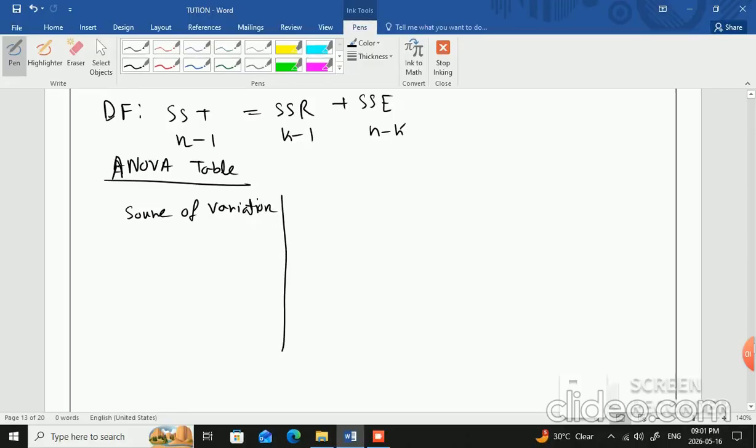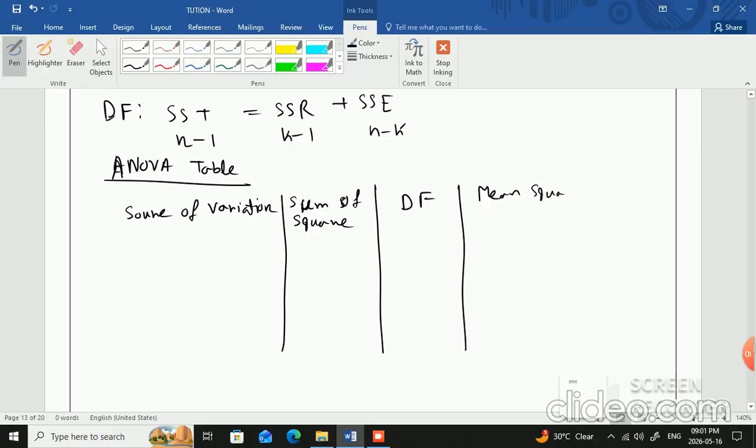Then sum of squares, then degrees of freedom, then mean square, then test statistic.